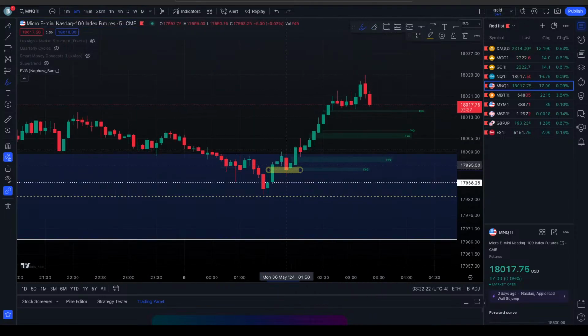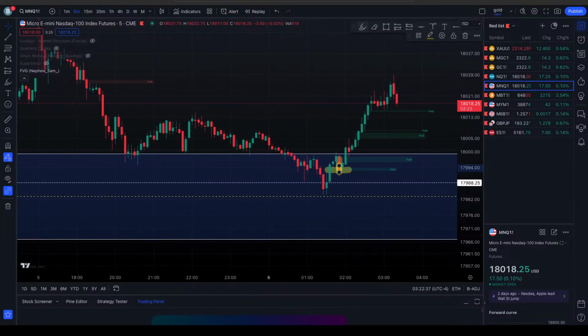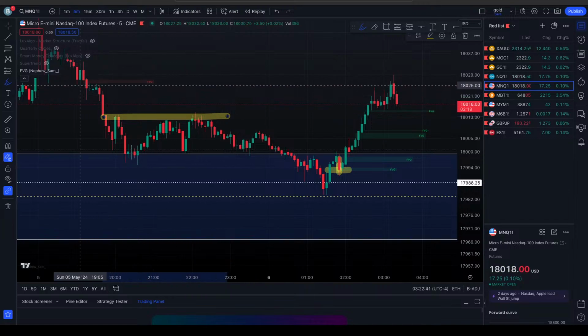Once it created that fair value gap and the green one closed, that's where I took the trade. I took the trade from right here. Stop loss was the previous lows, and I took it up to the previous high, which was this area right here. I brought my stop to break even here, and I closed right here at that level.